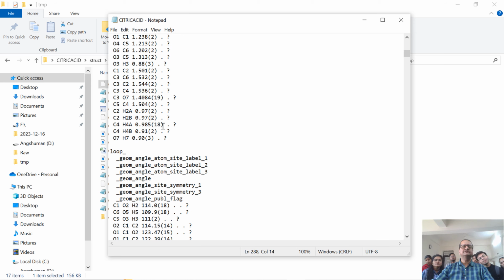CH bond lengths are all different and have a standard deviation.